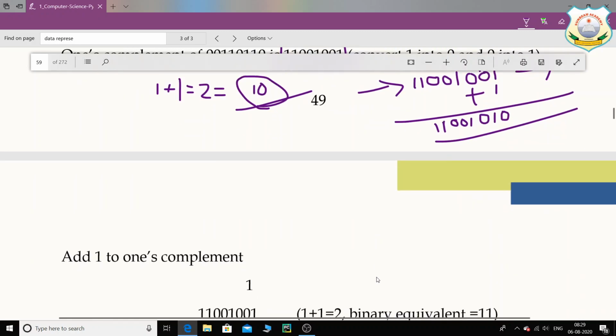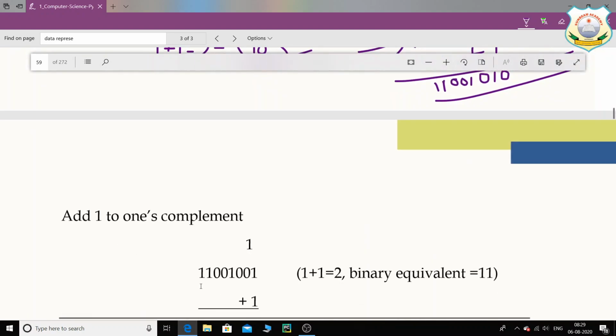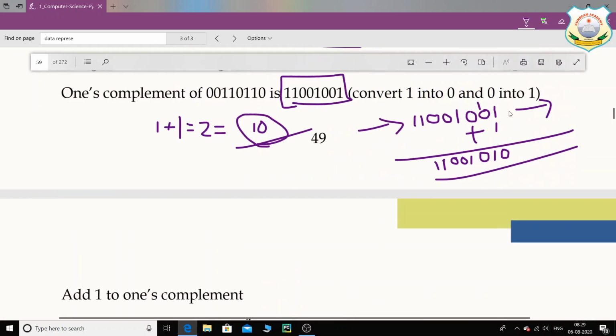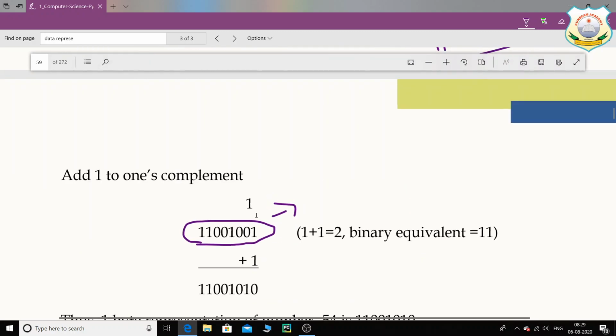Okay, so they have shown this. You can see what they have done is, first, this was the original number. First technique is convert this into 1's complement, so this was the result of it. Then they have added plus 1 over here, and then they are saying 1 plus 1 is equal to 2.